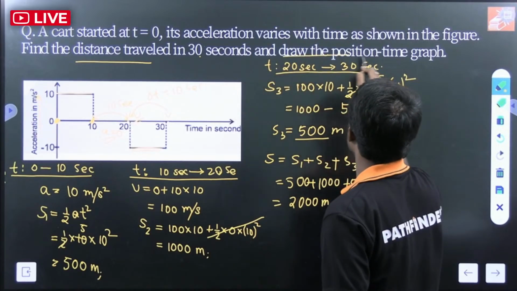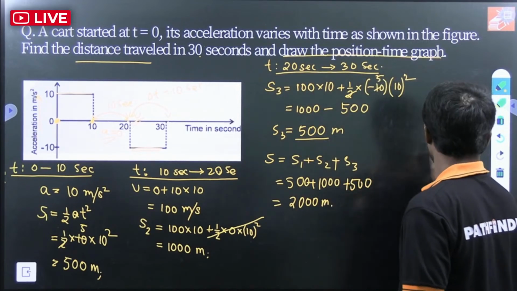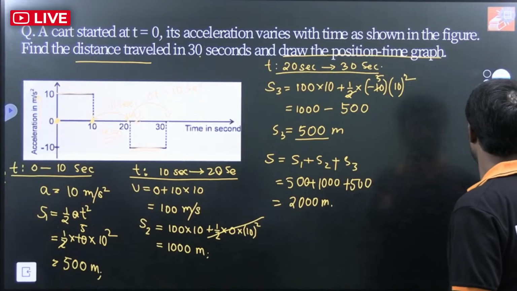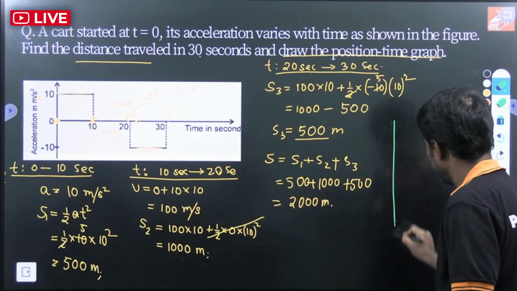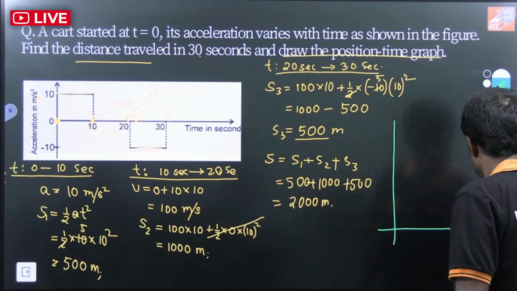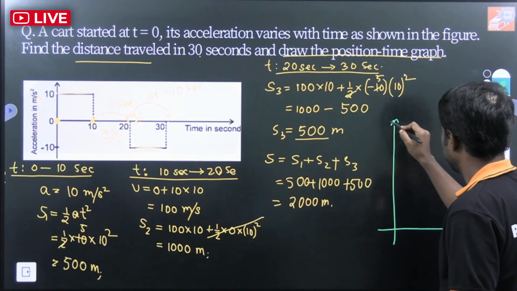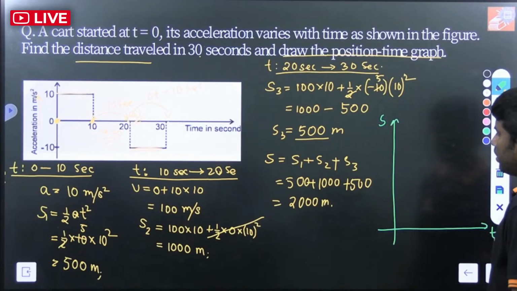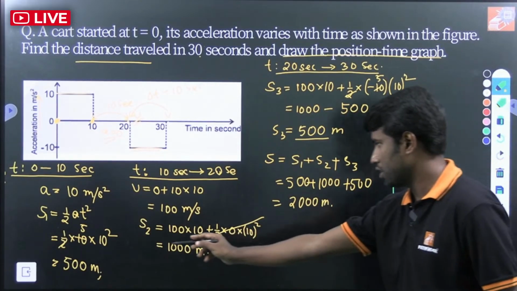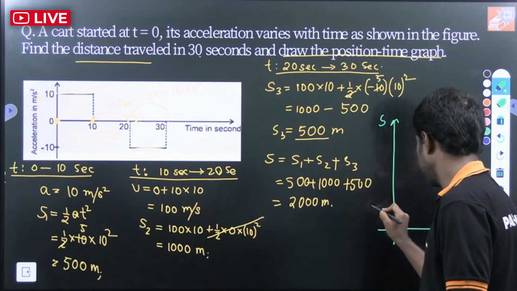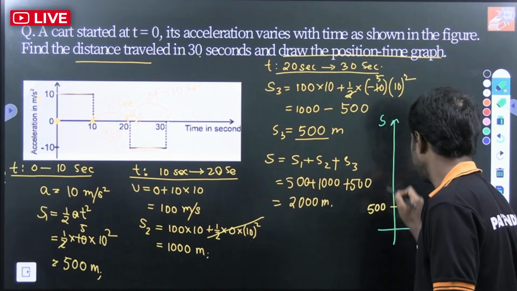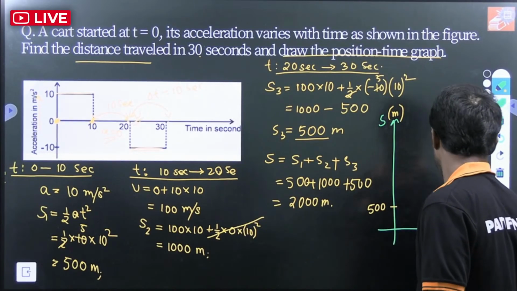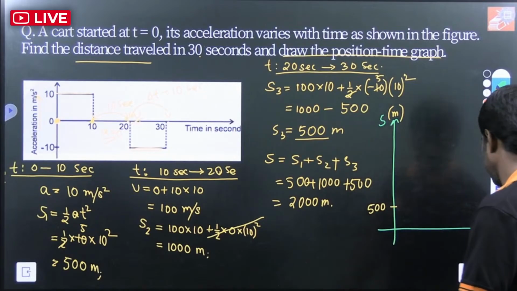And draw the position time graph. So if we take this position time graph, here time we are taking, and this one is your position S. So first 500 meter we can write here, meter, and here t in seconds we can write.